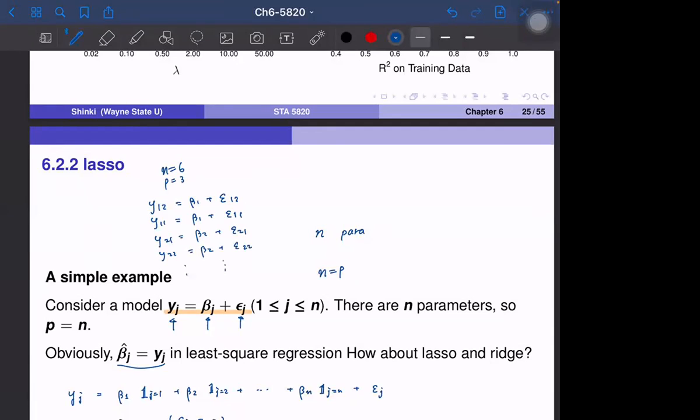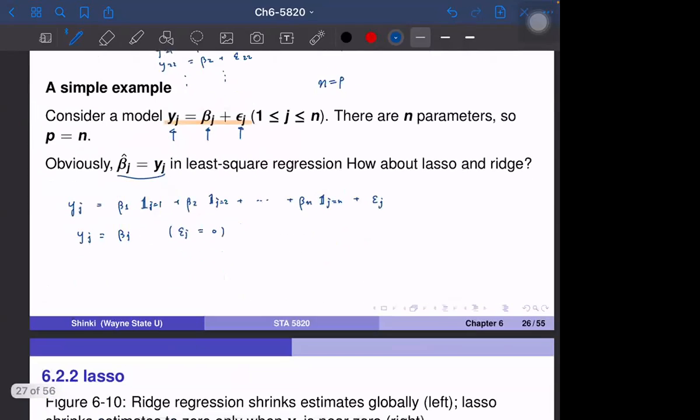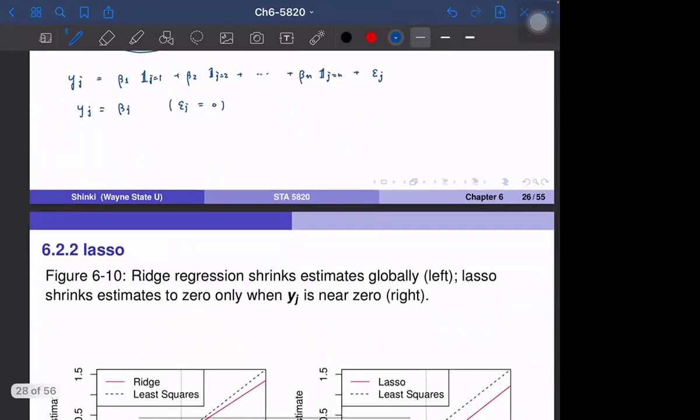But here we prepare one parameter for each observation. The question is what the estimate is if we use Lasso or ridge regression.